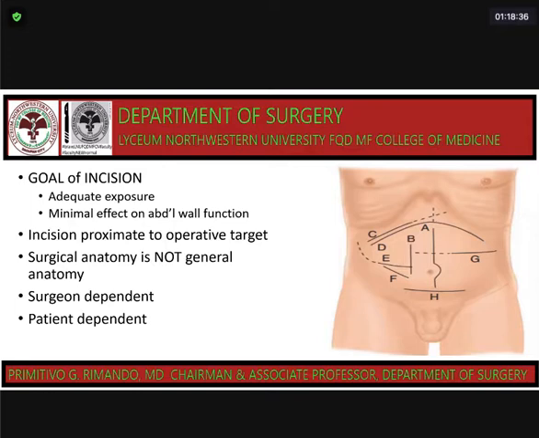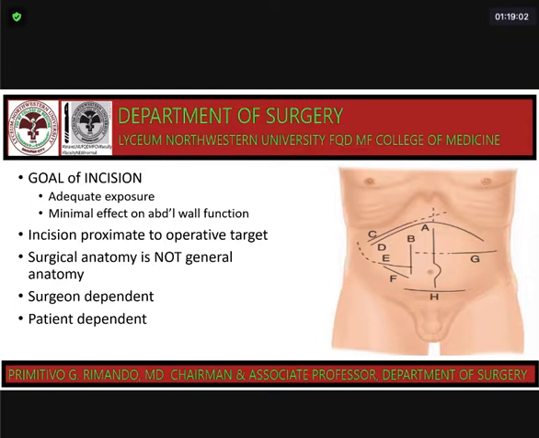Okay, of course, with this many incisions, incisions can still be surgeon dependent. Probably the choice of the surgeon has been honed through several years of practice already.